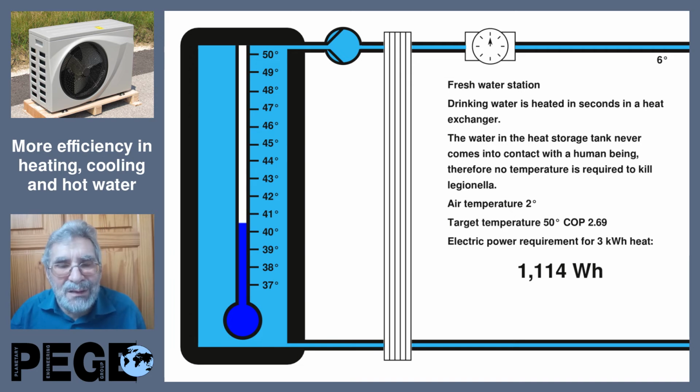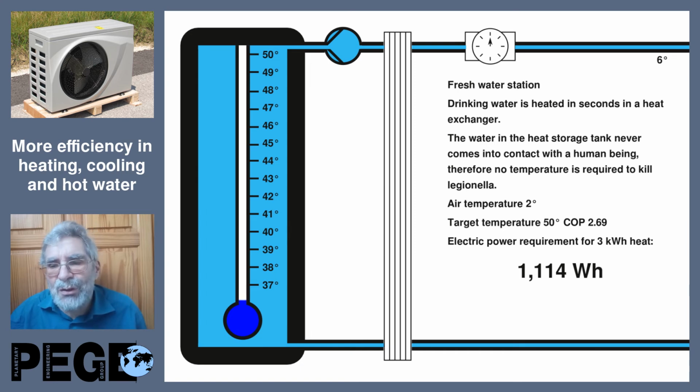But the disadvantage is we take out heat from the heat storage, and when we start with 52 degrees, soon comes the point where the heat storage has only 40 degrees, 38, 36, the water feels uncomfortable, cold for a shower.